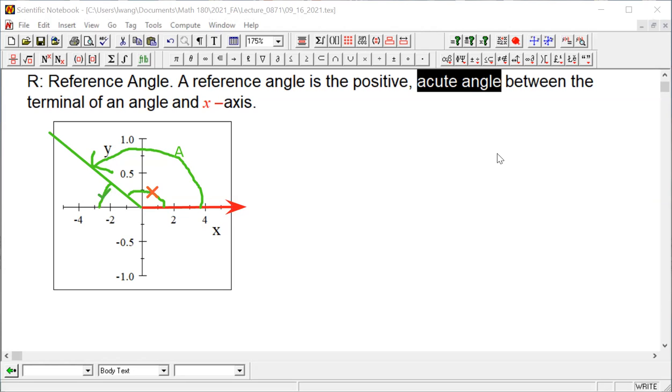You follow me? Both angles are between. Of course, you cannot measure negative either. You just have terminal between x-axis, less than 90 degrees, larger than 0. It has to be acute and positive. Do you guys follow me?